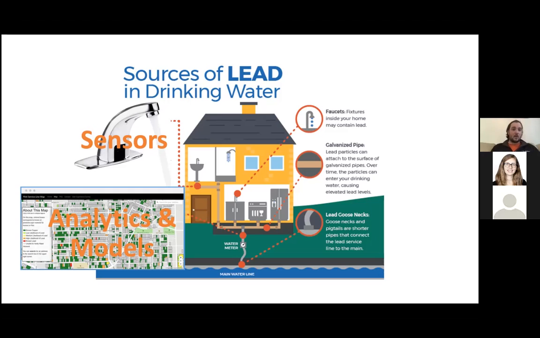And so that is one way that technology and innovation can help us narrow the scope of the problem. Instead of it being a problem where we don't know any house in Cleveland, we know 15% of the houses in Cleveland are the most at risk. So that's where we need to focus our efforts. That's a really great application of analytics and models to this issue.